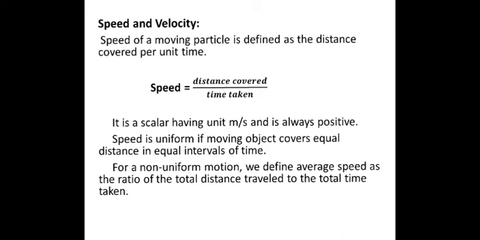Average speed is equal to total distance travelled divided by total time taken. You have to find the total distance and also the total time, then divide total distance by total time taken. Then you will get the average speed.